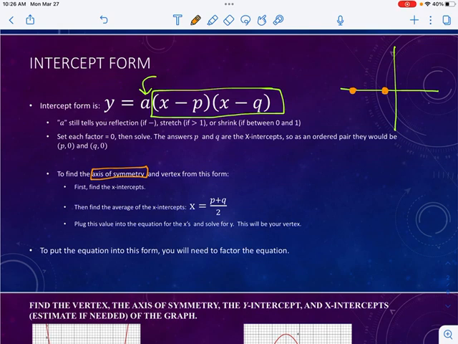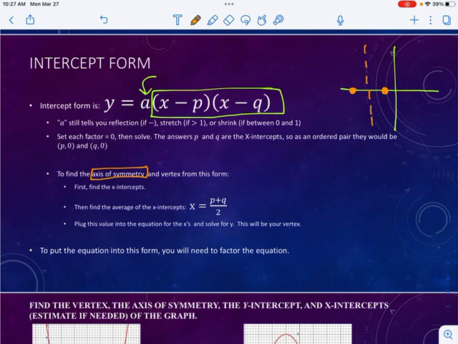If I fold it along the axis of symmetry, those 2 points would land on each other. So right down the middle of those x-intercepts is my axis of symmetry. We find that by taking the two x-intercepts, adding them together, and dividing by 2.